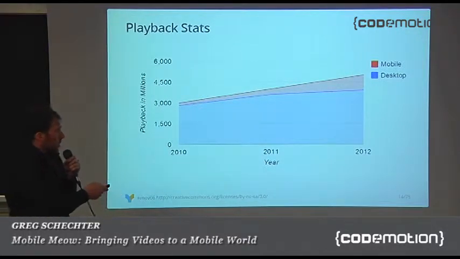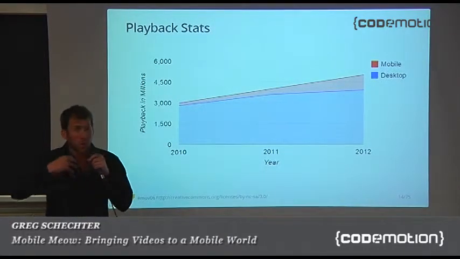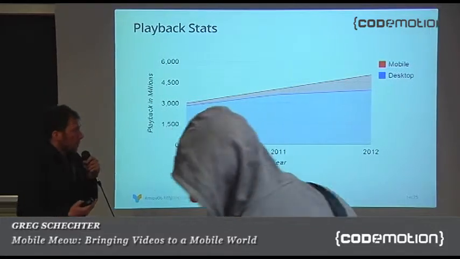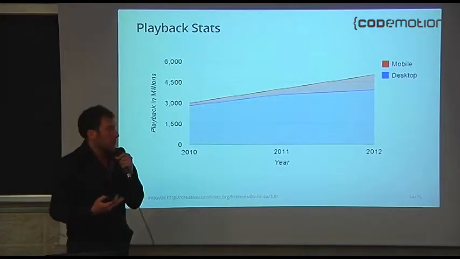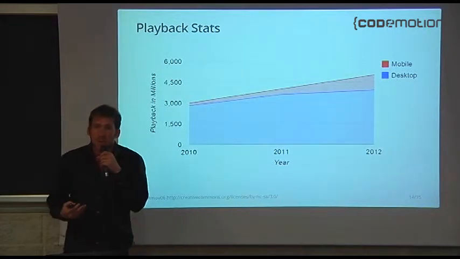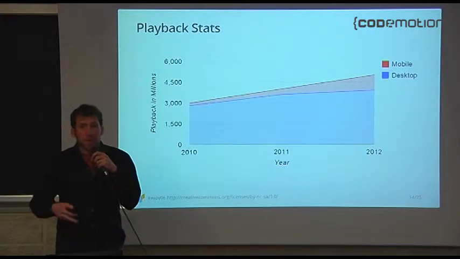The important thing to see here is that on the desktop, growth has slowed a lot. It isn't increasing as much as in mobile. In a couple of years, we might see mobile be the dominant place where people are watching videos. So in order to stay up with the game and to grow faster, we really need to capitalize on this mobile experience.